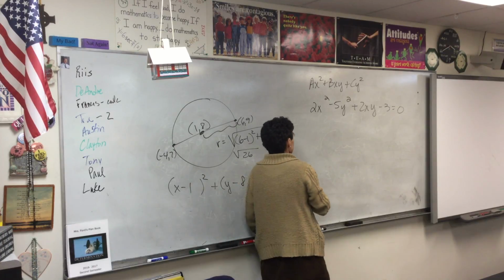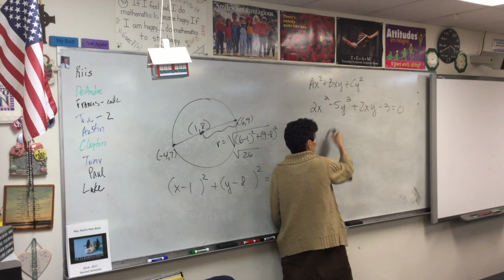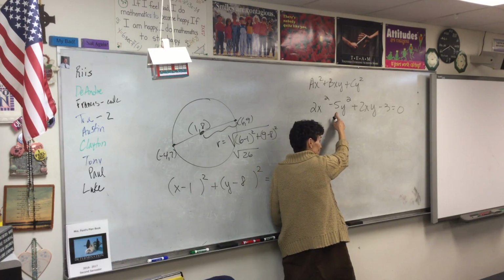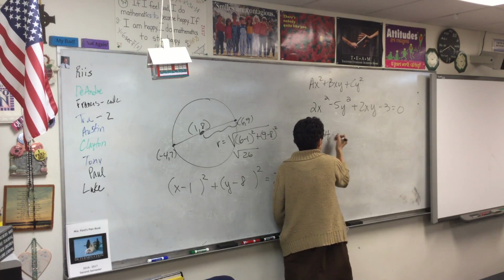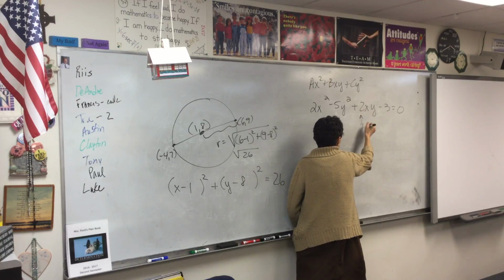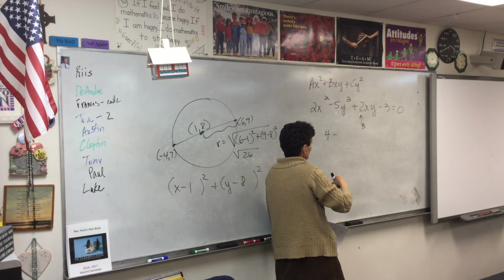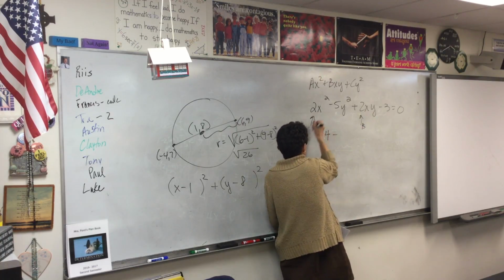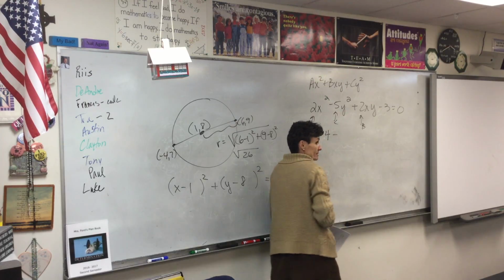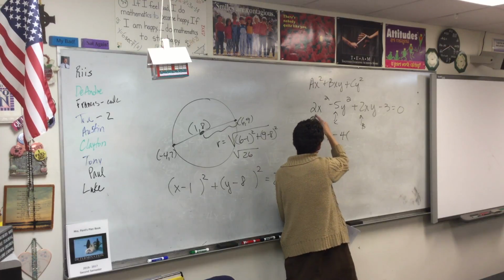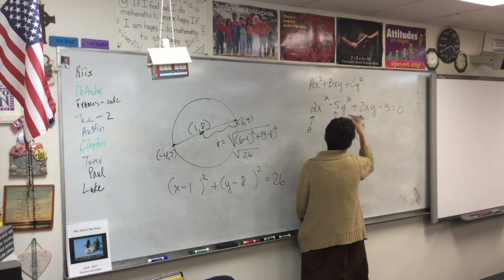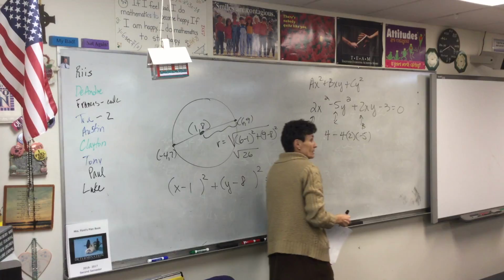So when you do your discriminant, B squared is not 5 squared. What's B squared? 2 squared. So 4, this is B. You might want to label it in the equation. That's B. This is A, and this is C. So B squared minus 4 times 2 times negative 5.